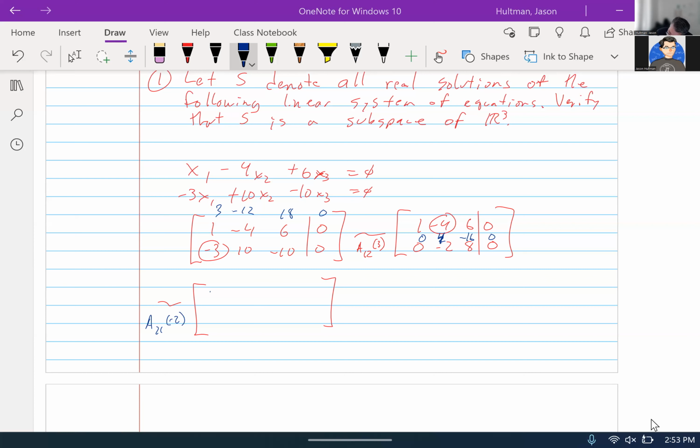When we add that, we'll get 1, 0. There's the 0 that I wanted. Negative 10, 0, and 0, negative 2, 8, and 0.